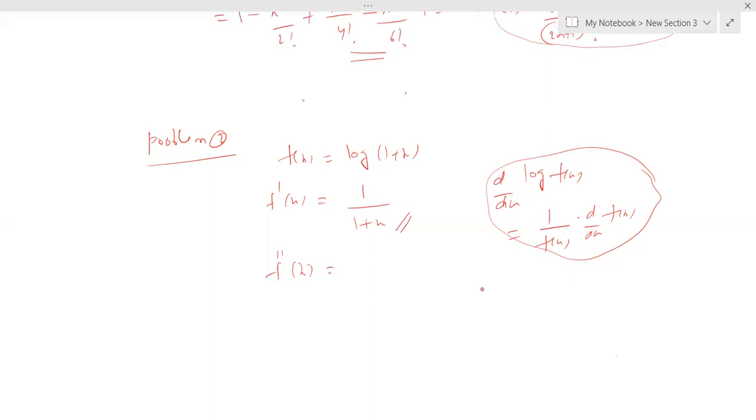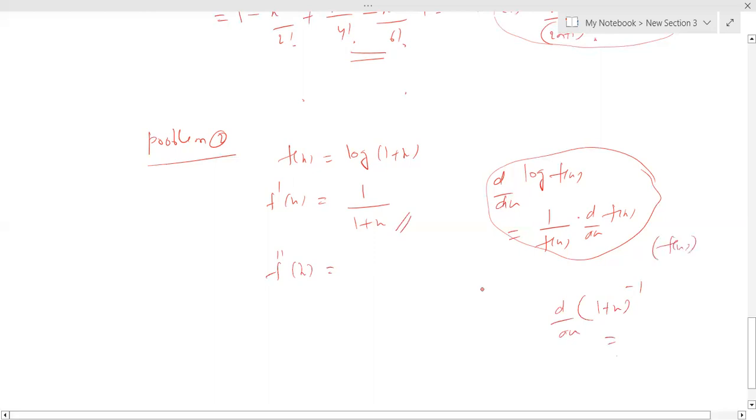This value is 1 by 1 plus x. Move the denominator to the numerator and apply the derivative principle. For f of x whole power n, the formula is d by dx of f of x whole power n equals n times f of x whole power n minus 1 into d by dx of f of x.